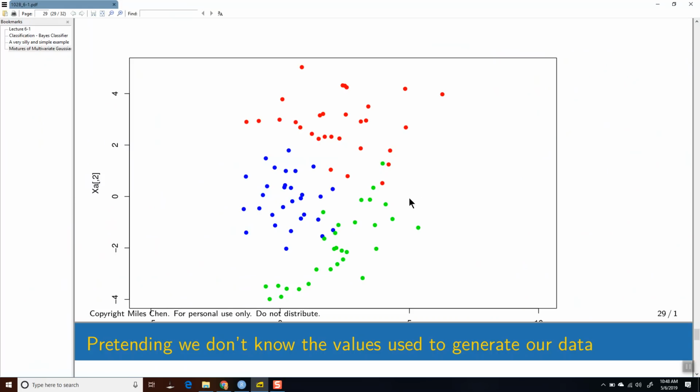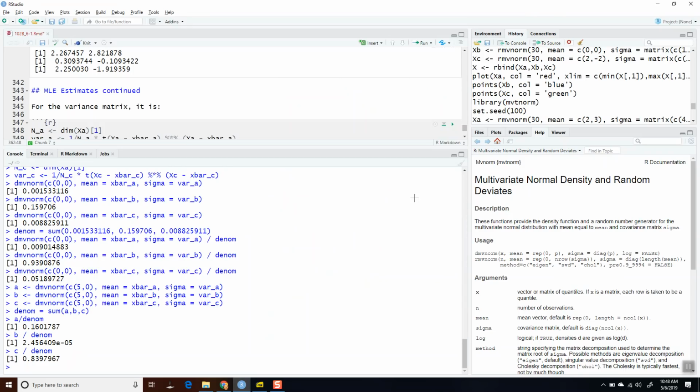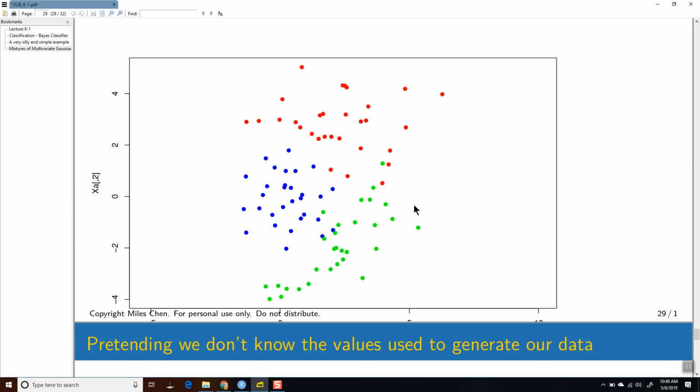When we put a point right here, this looks like it's most likely going to be green. And it says, indeed, around 84% for green and around 16% probability that it comes from the red class, and almost 0%, not quite 0, but very low probability that it's coming from the blue class there.